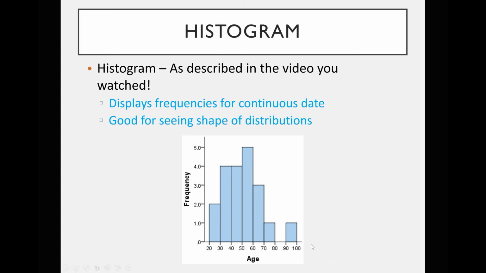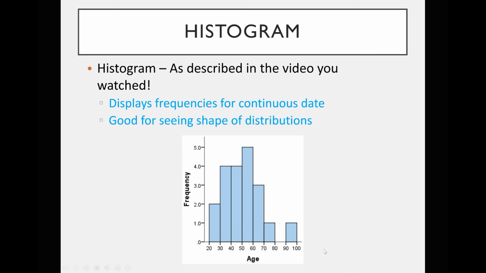So if you see something that looks like a bar graph, but it's got a bunch of numbers at the bottom and the bars are all pushed up against each other, it's not actually a bar graph. It's a histogram. Histograms we use to display frequencies when we just want to see how many of each score or how many of each measurement we have for a sample.